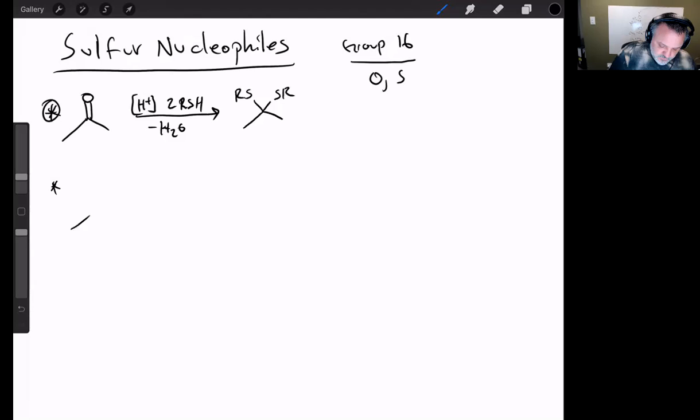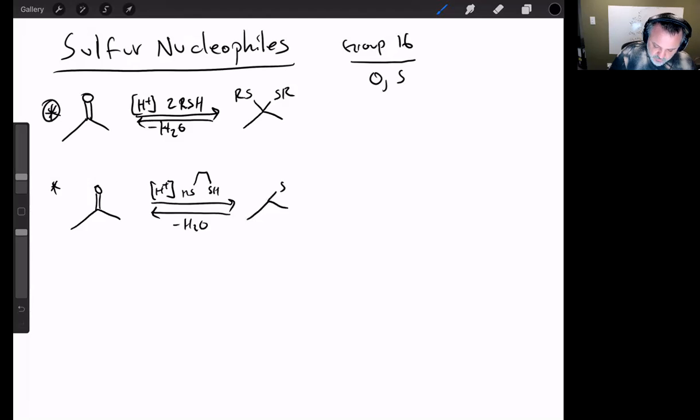We could even use a thioacetal like a protecting group, because remember, these are equilibriums that are based on whether or not you're adding or removing water. And we can form a cyclic thioacetal.